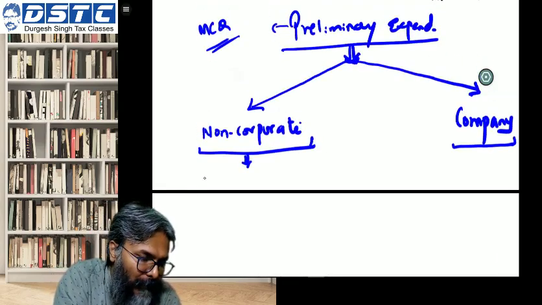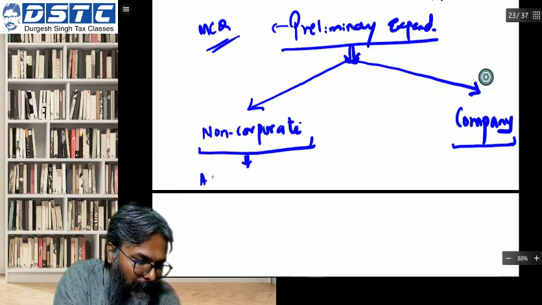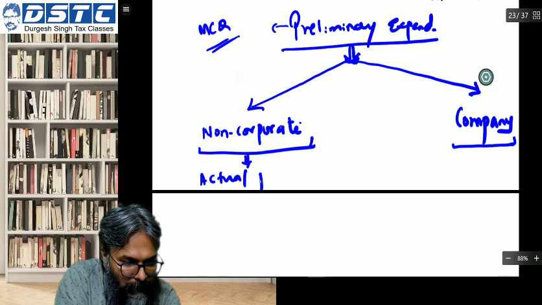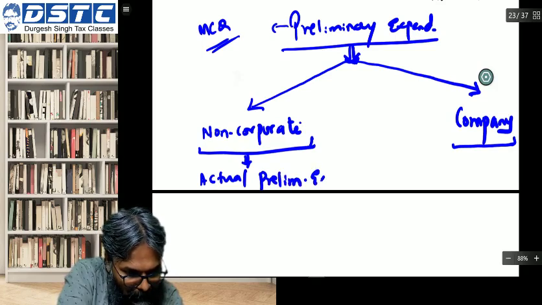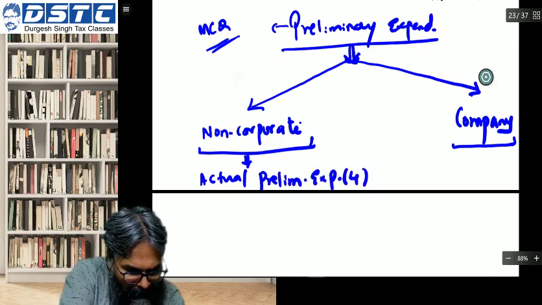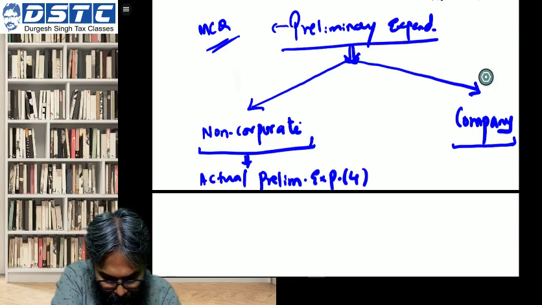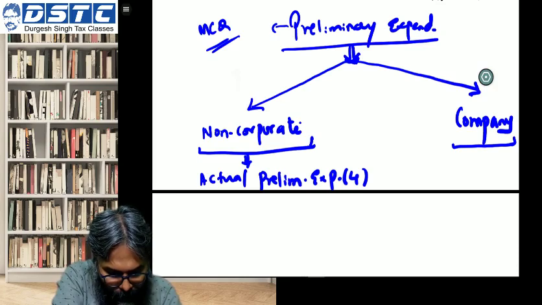So MCQ would be here: for a non-corporate, the actual preliminary expenditure, in the bracket I'm writing 4. I'm writing 4, students.